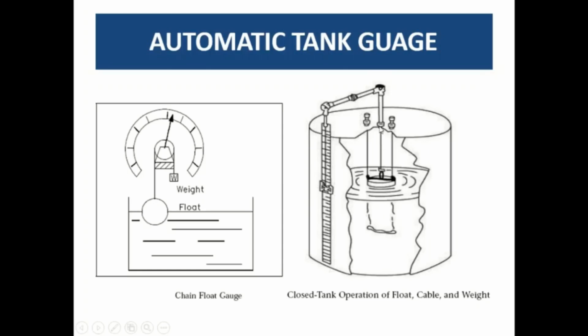Okay, and this runs on a single chain, and when the tank gets empty, this floating element moves towards the bottom of your tank, and once you start running your final product into this tank, when it enters the tank, it will certainly shower from this part of your tank. Okay, so a certain part of the liquid will come in contact with this floating element as well, and the upper part of the chain as well.